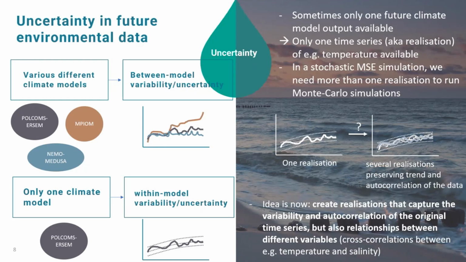So sometimes you have only this one future climate model available and only one particular realization, one time series, for example, of temperature. And in a stochastic MSE simulation, you want to run more than one run with variability coming from stochasticity. So how to generate several realizations of your process for the future that preserves the trend and the autocorrelation of the data.